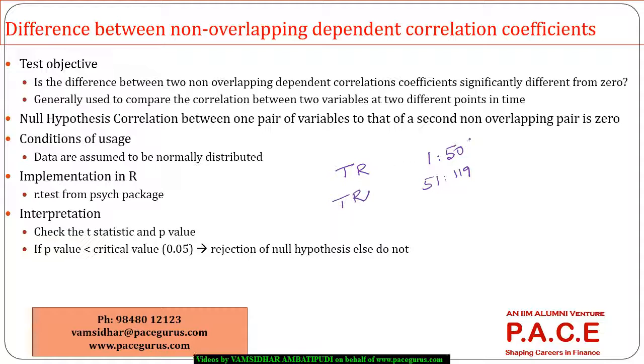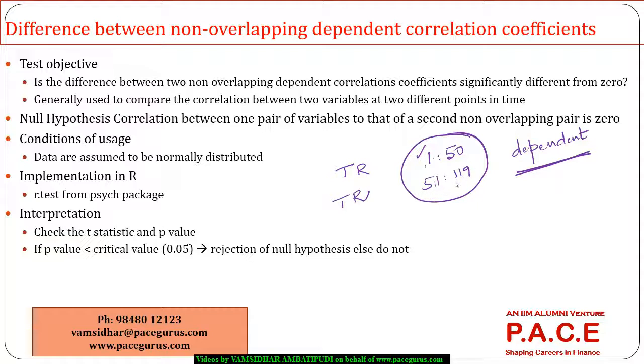So this is non-overlapping, but they are dependent. I have assumed independence between the two for executing it earlier, but in reality, they are dependent, right? Which means the returns of the first month may be dependent on the returns of the 51st month.